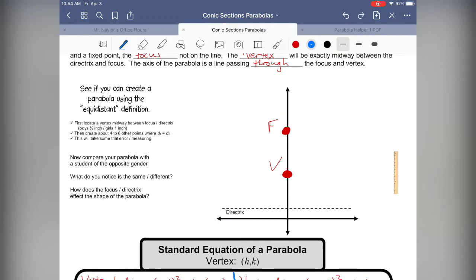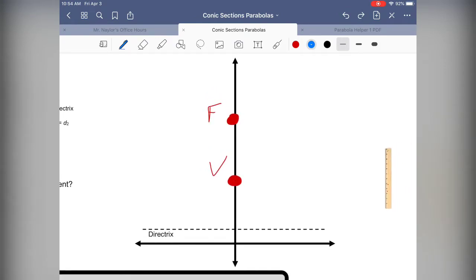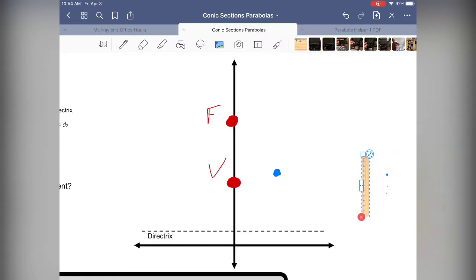Well, what we have to do is we have to start to find some distances. And when we say find, we realize that these distances really can be any distance, as it's going to change. Let me show you. Here's a point. You might say, well, how'd you come up with that? Well, let's see if that point is the same distance from my directrix.